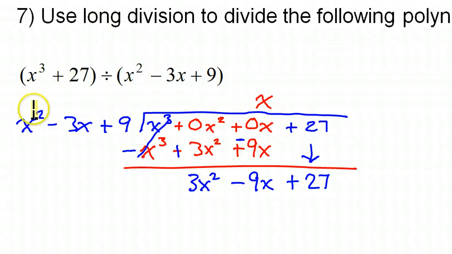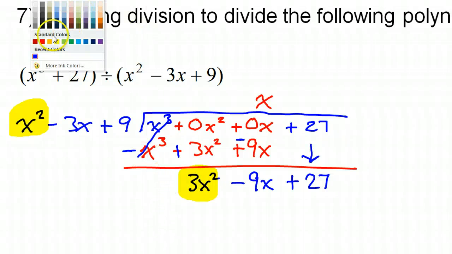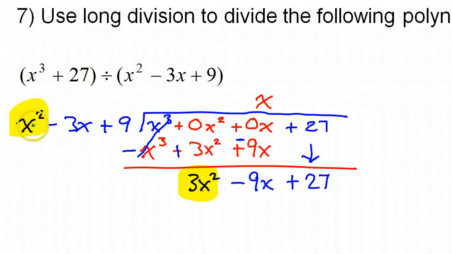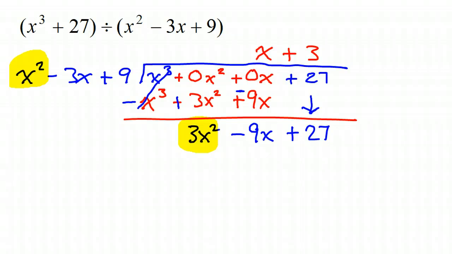So once again we focus on the first term of each polynomial. And once again we ask ourselves, x squared times what will make 3x squared? Well, that's pretty obvious. We need a 3. X squared times 3 will make 3x squared. So once you have that, you do the distributive property with it.